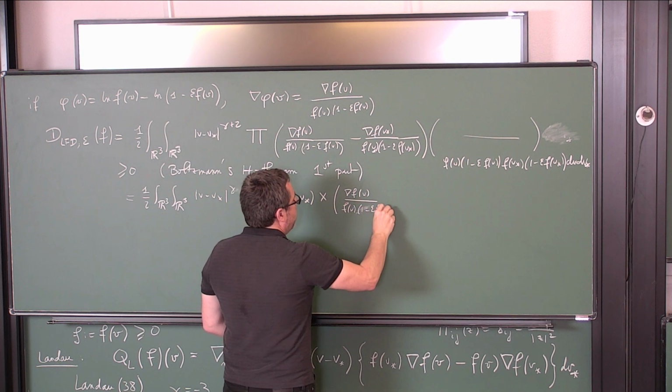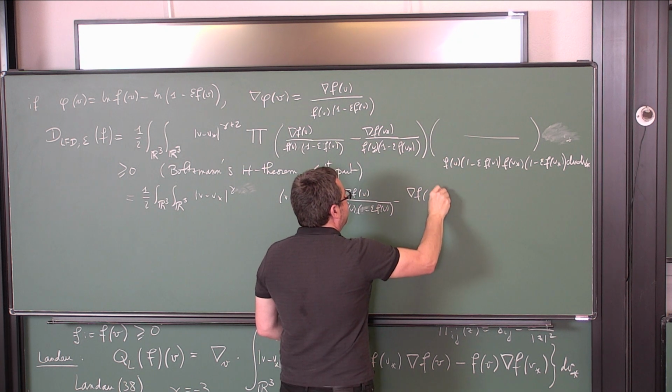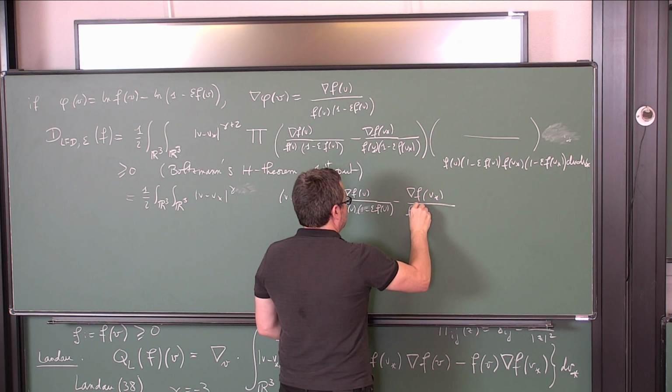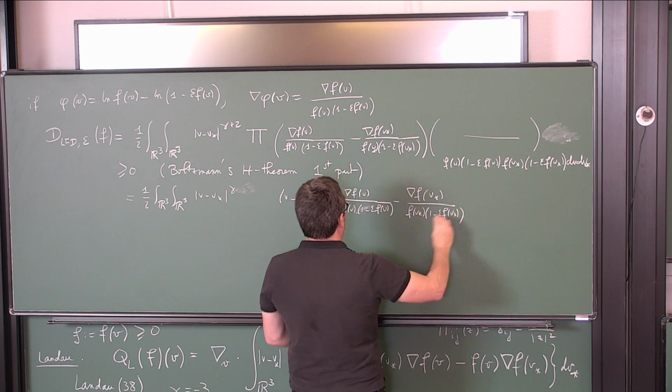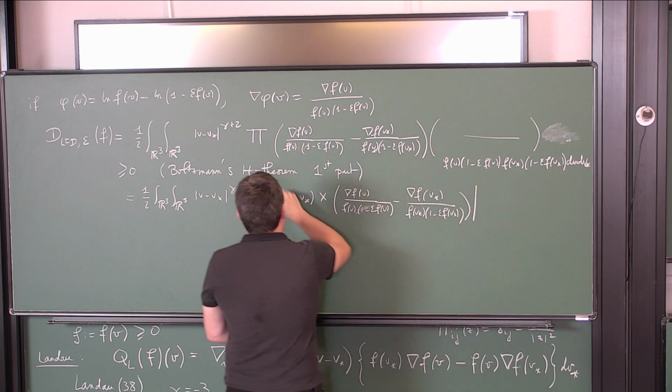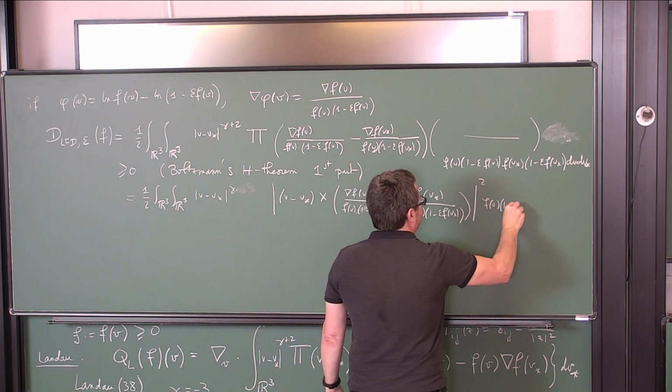So it's a different way of writing the projector in which it does not appear explicitly anymore. Like this. And you put it to the square. And you still have all the rest.